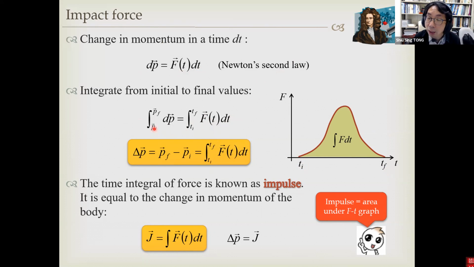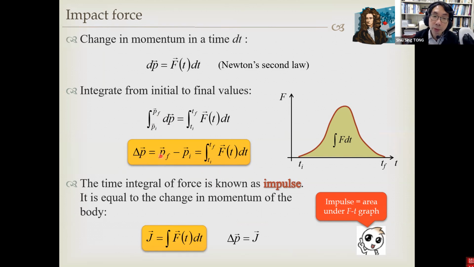And the left-hand side will give a change in p. But what is the change? If the initial momentum of the particle is pi and its final momentum is pf, there's a change in momentum of that particle. So the initial momentum before the collision is pi and the final momentum is pf. So the change in momentum is pf minus pi.